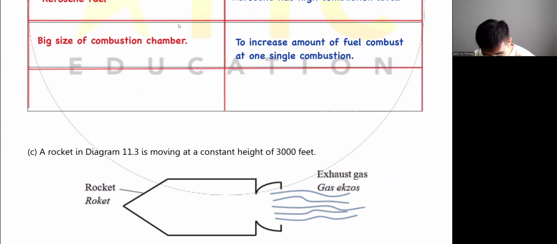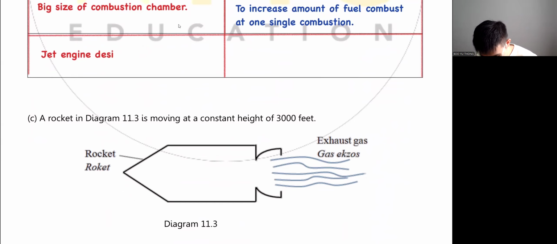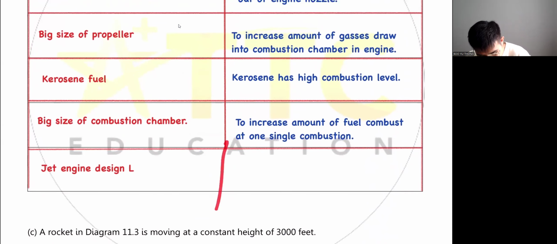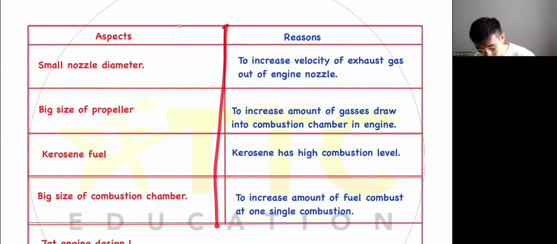Oh, and also by the way, if you realize, the jet engine design L, the line in the middle is not extended until the last row. For the last row, we don't have any middle line in between. For the others, just now we drew a middle line in between the aspect and the reason.